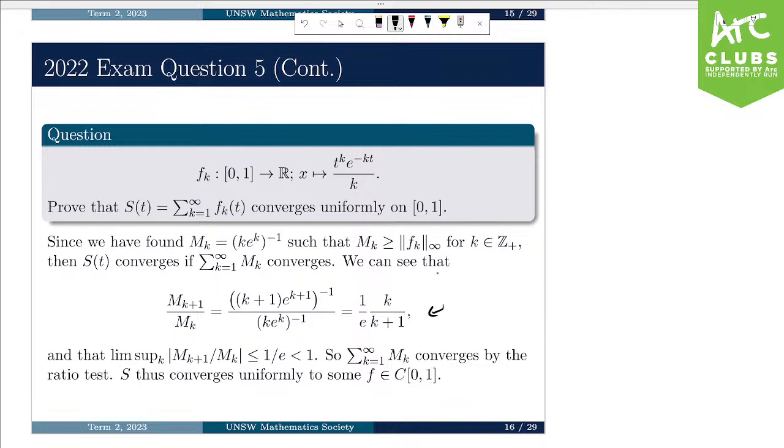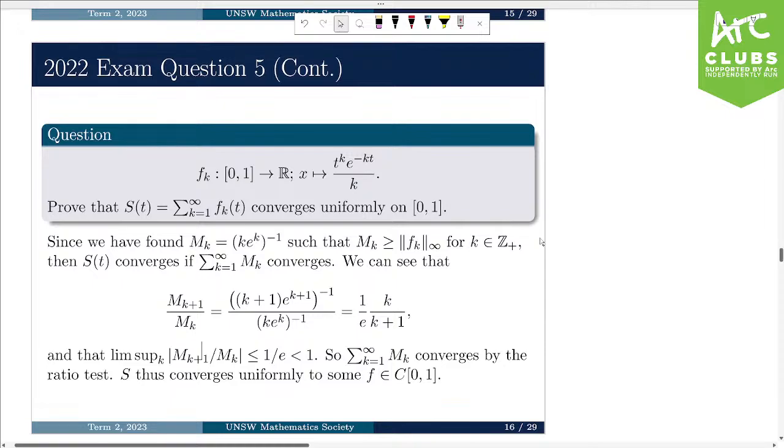But we can see that regardless of what k you take, this will always be less than 1 on e. So this definitely holds, and the absolute value of this ratio is always less than 1. So by the ratio test, this series converges.